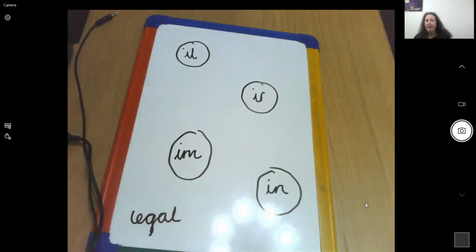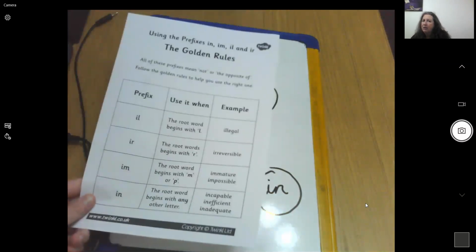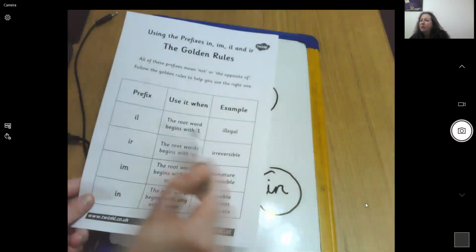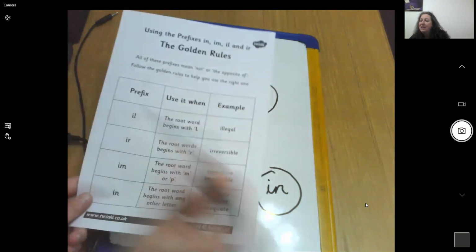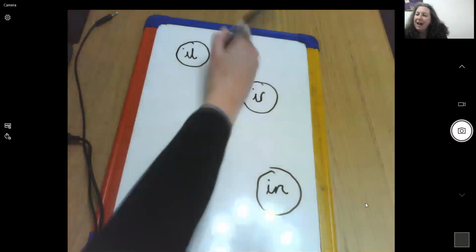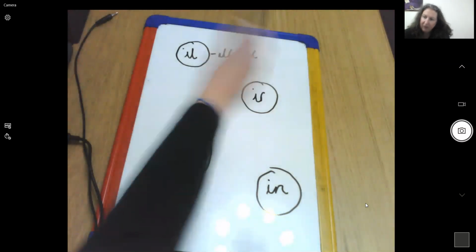Okay, so I am going to have a look at my golden rules. I'm going to say legal begins with an L. So I know that I would add il to the start of my word, which now makes my new word illegal. Then I would find the correct bubble map and I would add that word.